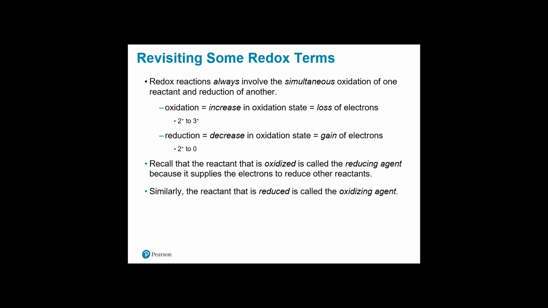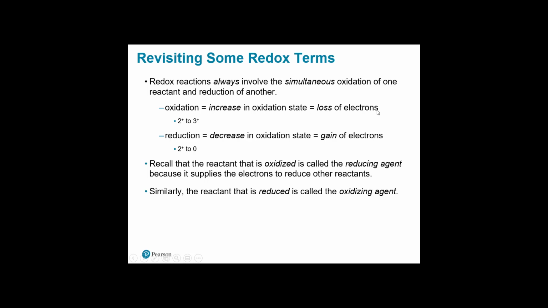Recall that a reactant that is oxidized is called a reducing agent, because it supplies the electrons to reduce the other reactants. Similarly, the reactant that is reduced is called an oxidizing agent. As if this isn't confusing enough, they make these fancy terms for the opposite of what they're talking about. The reactant that is oxidized is called the reducing agent.